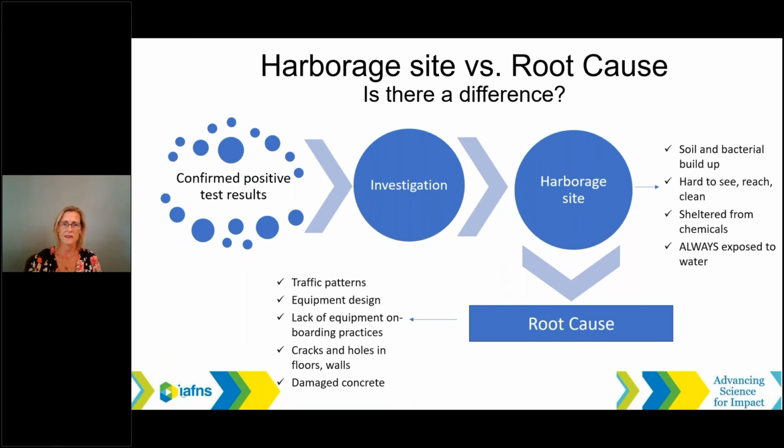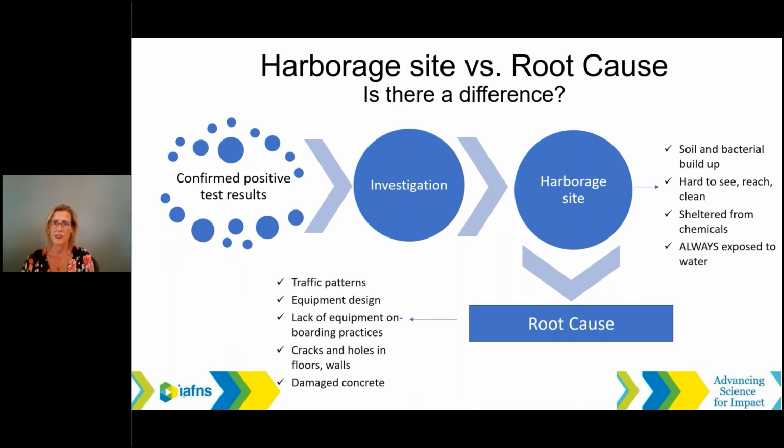When there are confirmed positive test results and a plant decides to host an investigation, one of the things they're asking is the cause of those positive results. Is it due to a harborage, an area in the plant that has a soil buildup and bacterial buildup, a place that's hard to see, hard to reach, hard to clean, sheltered from chemicals, and always exposed to water?